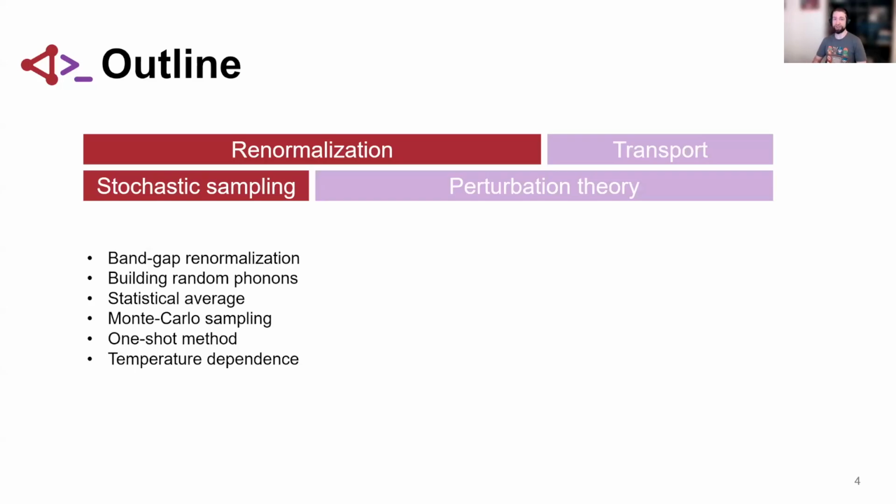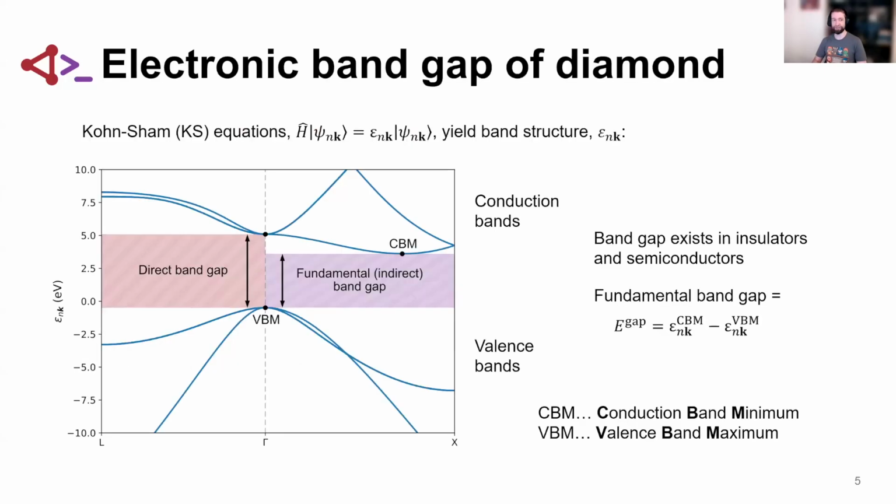We can do that either via a full Monte Carlo sampling approach, or we use a so-called one-shot method that cuts down on the computational cost substantially. And finally, I will spend a few words on temperature dependence of electron-phonon effects. All right, so let's get right into it.